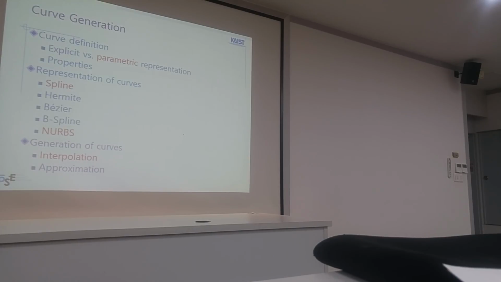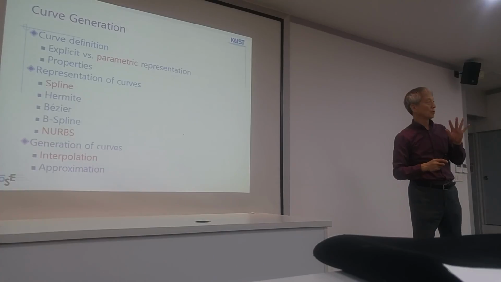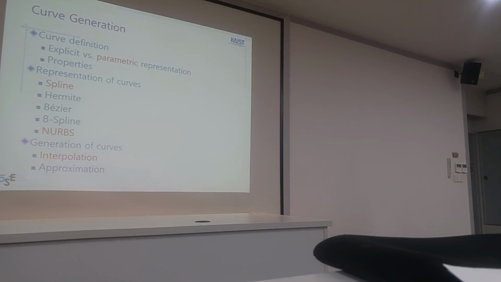And then there's a gradient. Slope is a first derivative, right? Curvature is a second derivative, right? So you need at least third order to get the curvature. Otherwise, you cannot get the curvature. So cubic is the minimum order for engineering purposes. So cubic is important for all the engineering curves and circles.